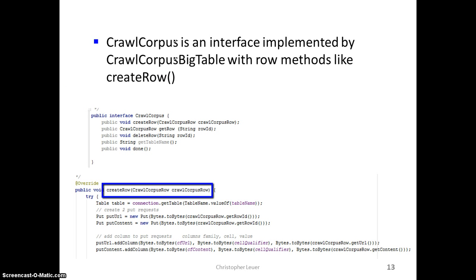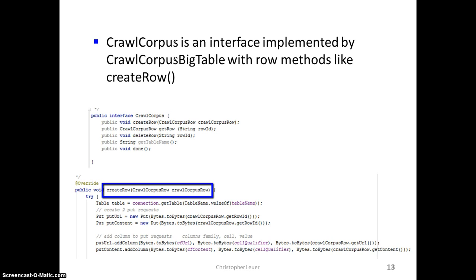The way I implemented this was I used an interface. There's an interface that the S3 reader uses, basically the main program. When it runs, it calls crawl corpus, and then it implements methods that allow you to create a row, delete a row, or get a row.